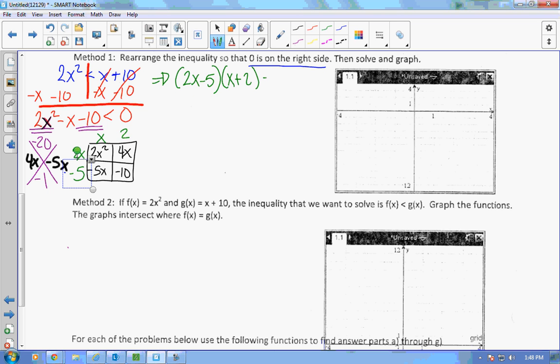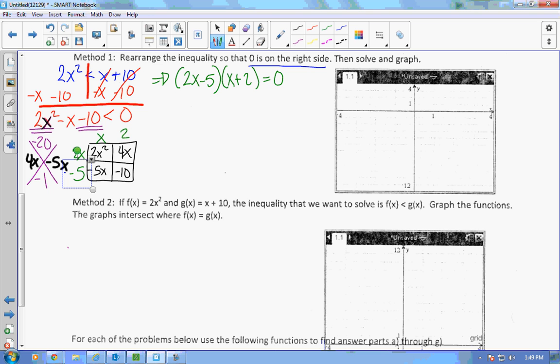For these purposes, really we can change this to an equals 0. We're trying to find the x-intercepts, so when the height is 0, we don't want the height to be greater than or less than 0. So if you put the less than sign, it doesn't really matter. How do we solve for the x's now? The 0 property.